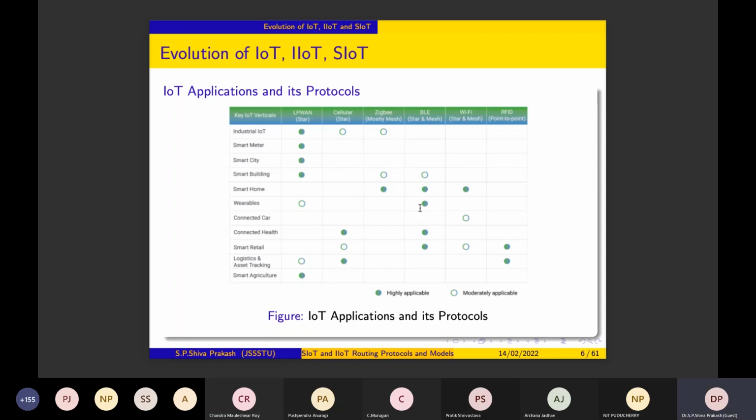But in most of the smart home applications, we try to use Zigbee as well as Bluetooth and also Wi-Fi. Okay, where you have a device-to-device communication, which are connected, peerly connected, and also vertically as well as horizontally, it will be connected. Okay. And certain other applications like wearables, connected cars, or connected health, these things will use Bluetooth, some Wi-Fi also, right?